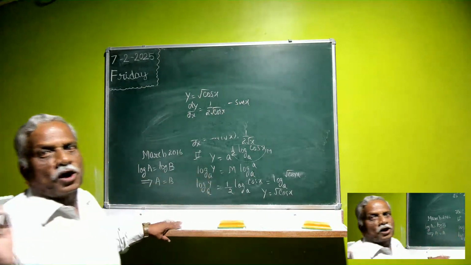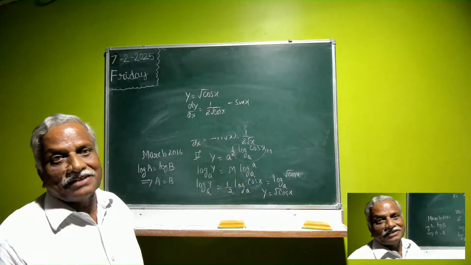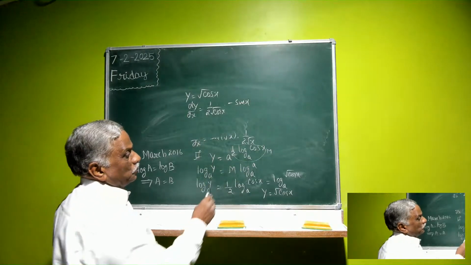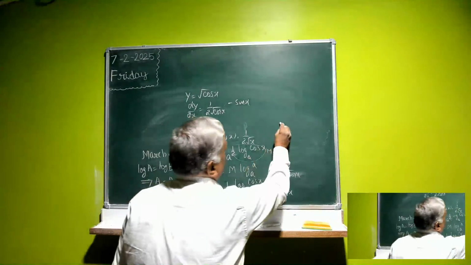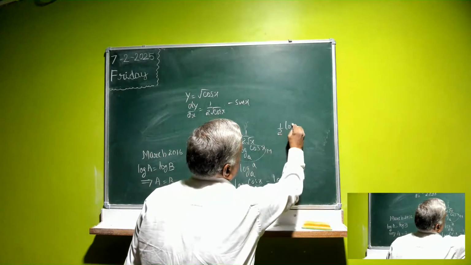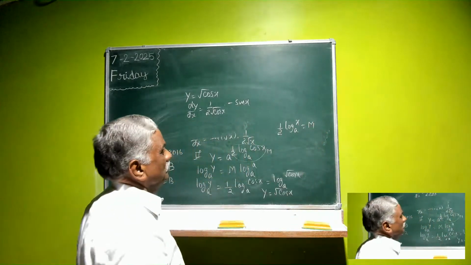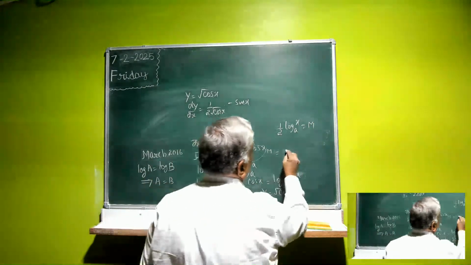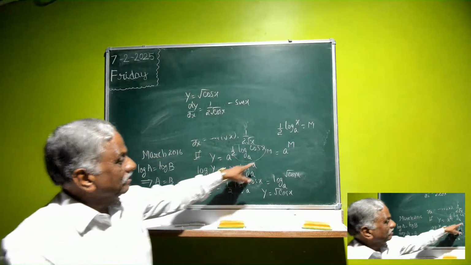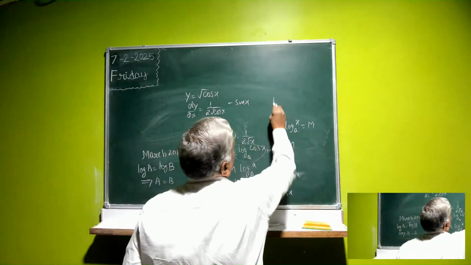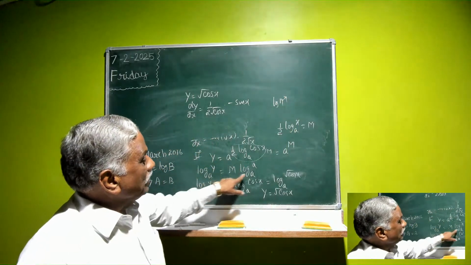Repeat of the problems that we have seen in the examination paper. This is the only problem which is a little difficult. So you should understand here, I am calling this entire thing half log cos x to base a as m. So what I get is a to the power of m. When you take log on both sides, log m power n is equal to n log m, so you get m into log a to base a.